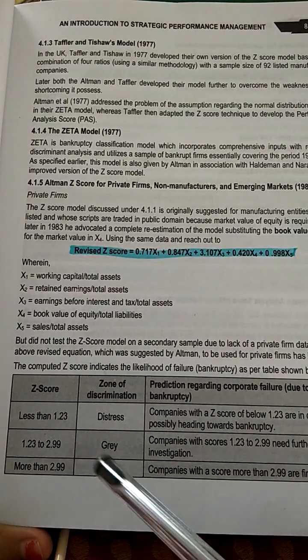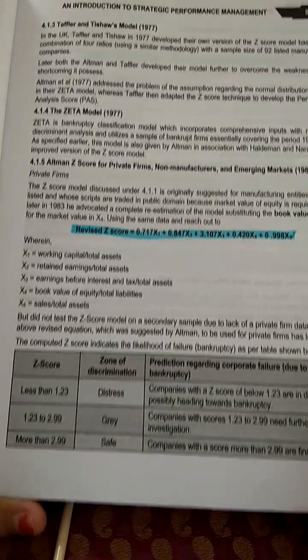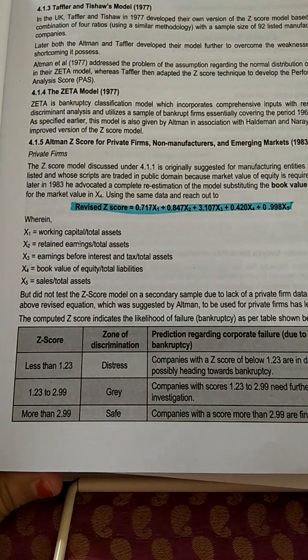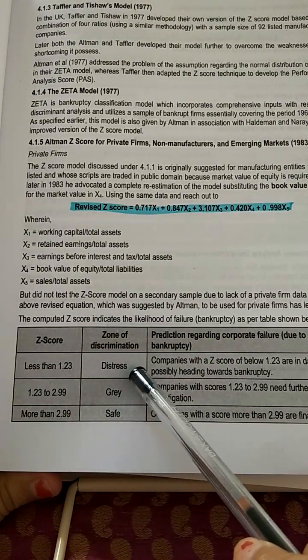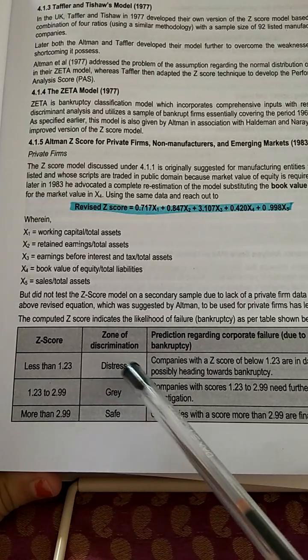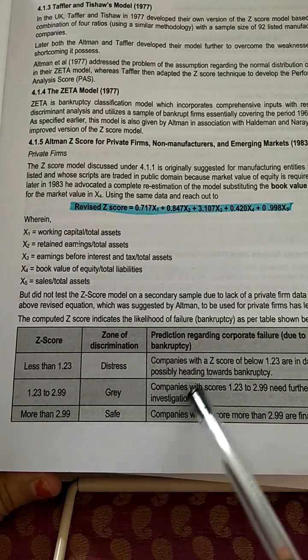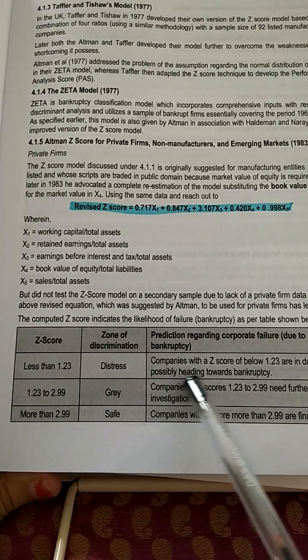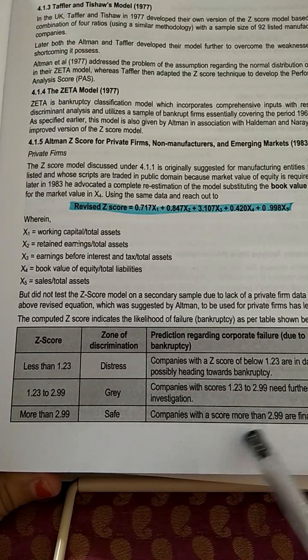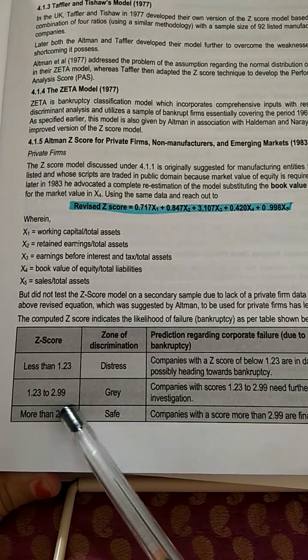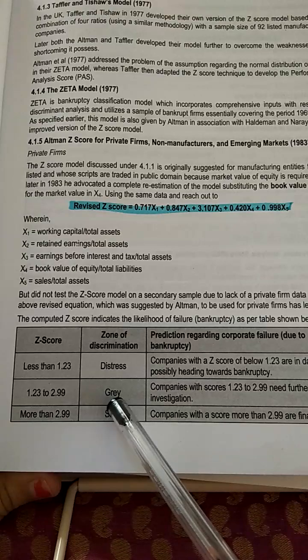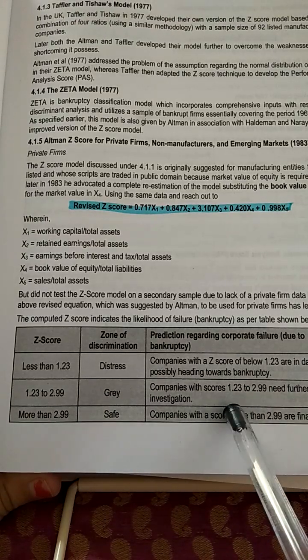Now for the z-score, if it is less than 1.23, the firm is under distress, in danger and possibly heading towards bankruptcy. If the score is between 1.23 and 2.99, it is in the gray zone and needs further investigation.